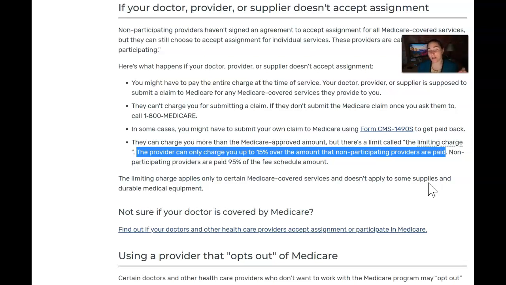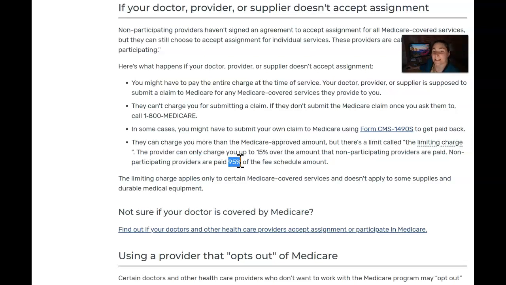If they are a non-participating provider, they do not accept Medicare assignment, and therefore what Medicare pays is not paid in full to them. They can charge up to that 15% over the amount. But as you see, if they are non-participating, Medicare will only give them 95% of that menu or Medicare assignment cost. So they're only getting 10% over.